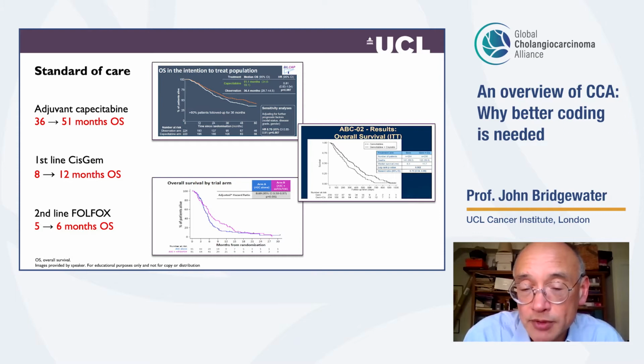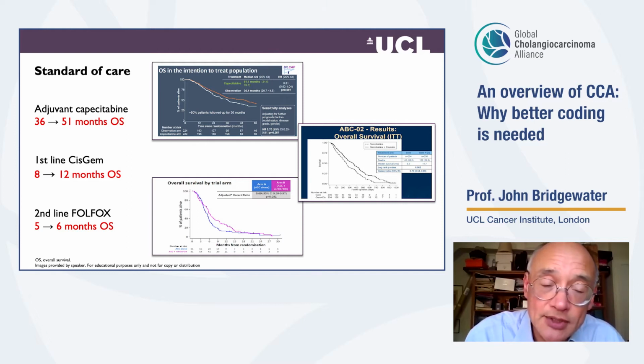And we've worked this over the last 10 years in settings, so that's after surgery, in order to reduce the recurrence, and we've increased the overall survival of patients using the drug capecitabine, which is a tablet. In first-line therapy, so that's where patients have advanced disease, we've demonstrated that with the inclusion of cisplatin, we can improve the survival of patients.